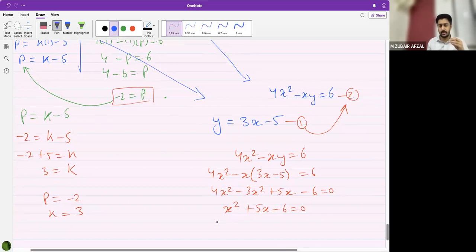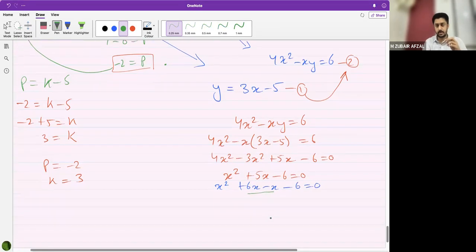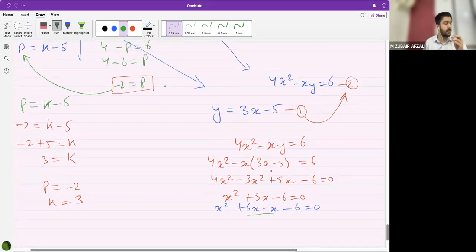Breaking the middle term: the numbers should multiply to -6 and add to 5. So x square plus 6x minus x minus 6 is equal to 0. If we multiply these two, we get -6x square; if we add these two, we get 5.